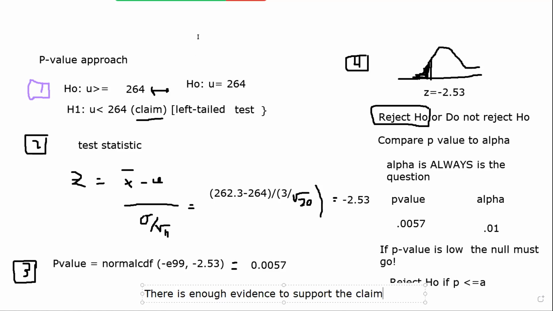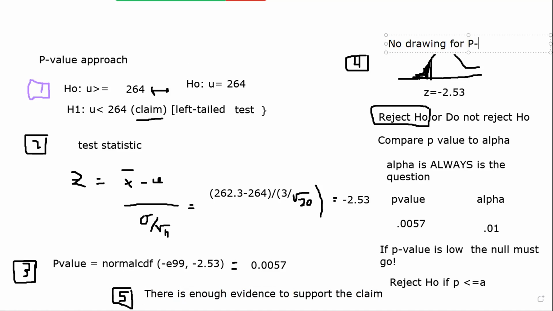That's step 5. Step 5 does not go in the middle, but again, I'm just keeping this on a p-value problem. You don't need a drawing. No drawing for p-value.